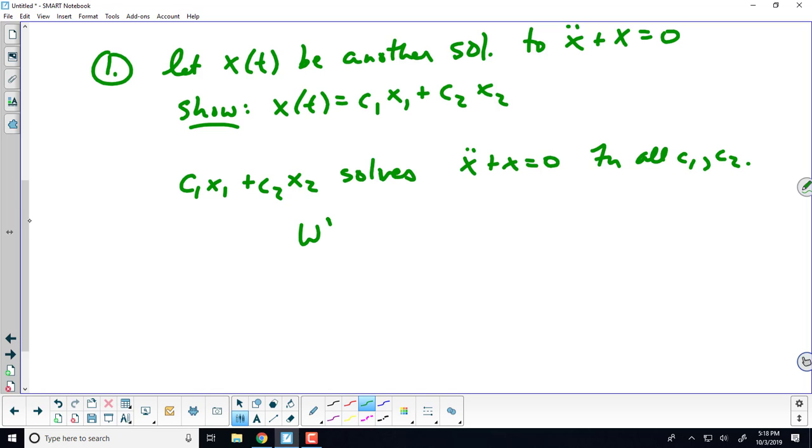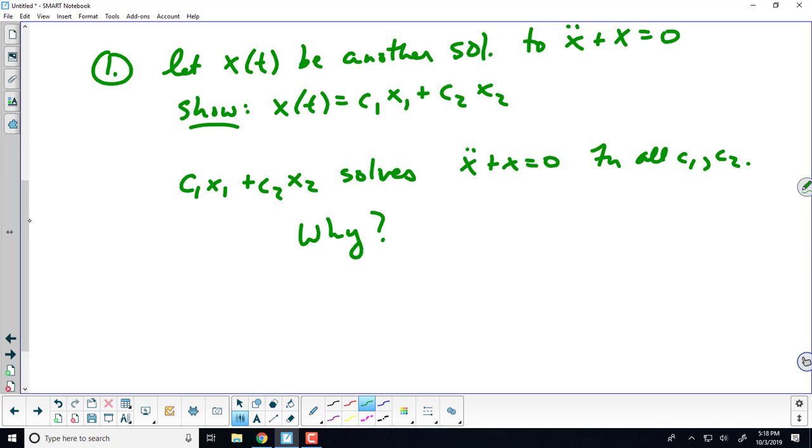Why? There's two viewpoints you can pick to say why that's the answer. So first, I'm not saying that c1 and c2 equal x of t yet. I'll get there. But first I'm just saying that these two together solve this differential equation.